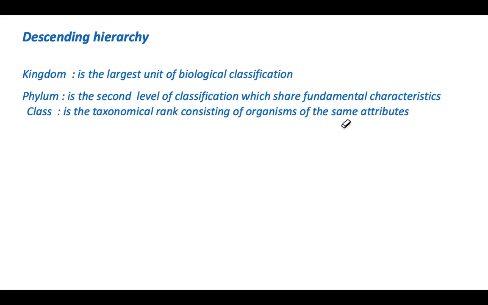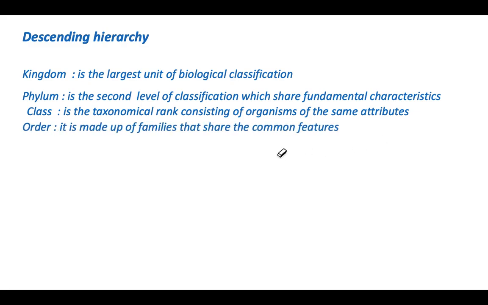And then we have a class, a taxonomical rank consisting of organisms with the same attributes. When they say attributes, they mean cells and what the body is made up of. So the features of the body cells are the ones that we usually look at.